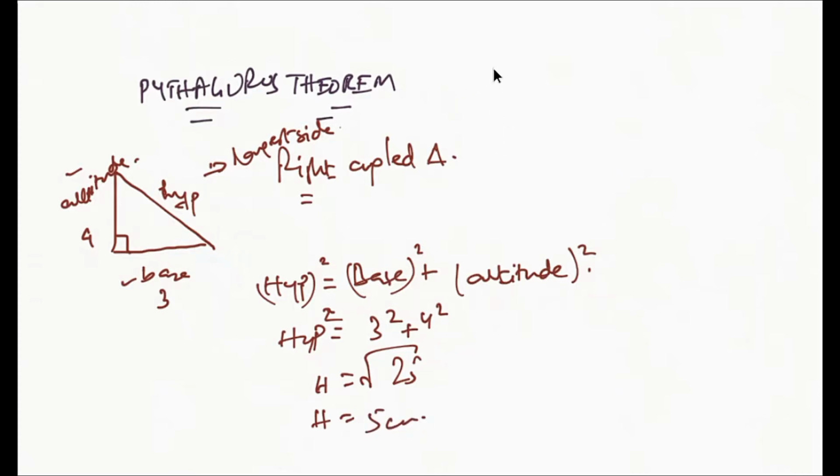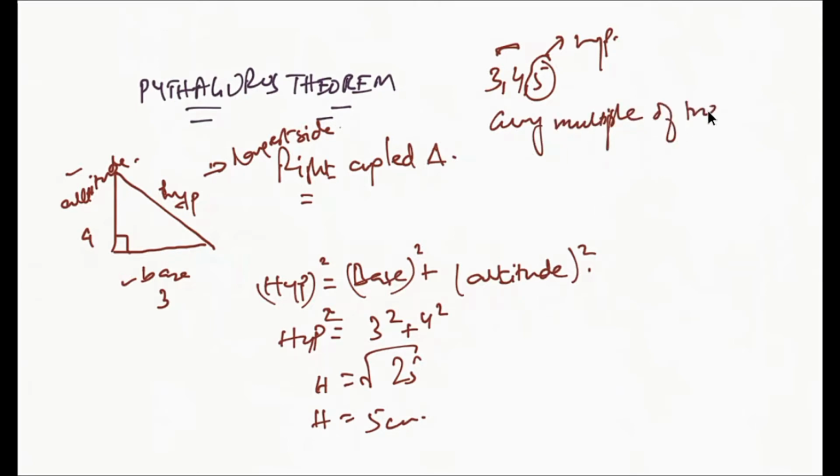So now we have established that if a triangle has sides 3, 4, 5, right? So 5 would be the hypotenuse, and the two others would be either the base or the altitude. So what does this tell us? This tells us that any multiple of these would also fit the triangle values, right?